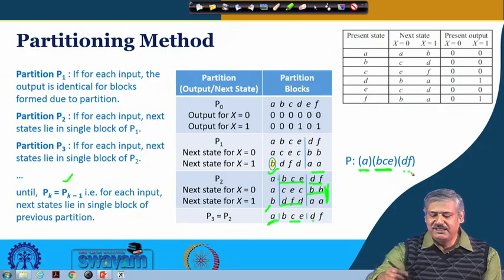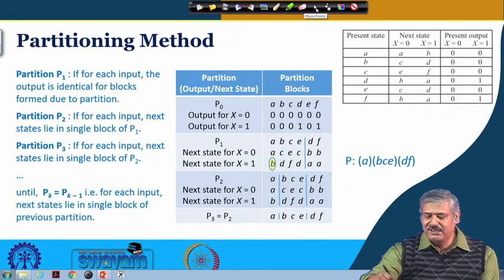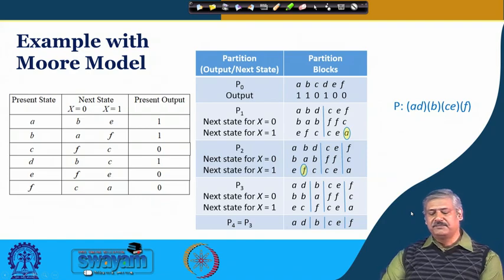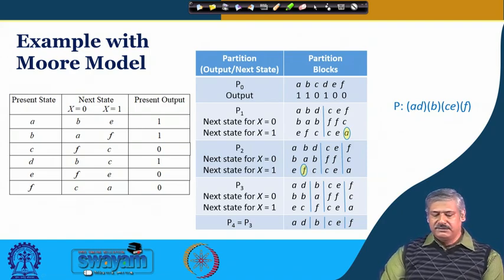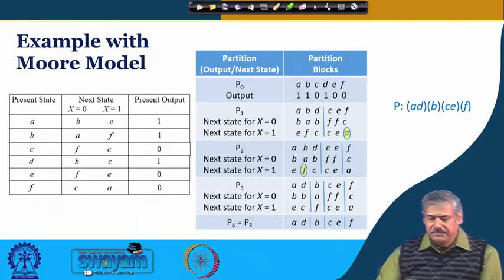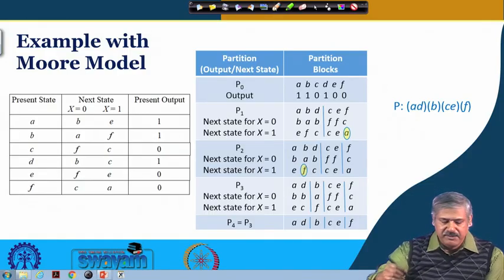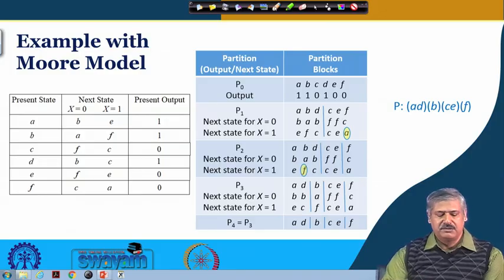So we have seen the Mealy model example, and now we shall end with a Moore model example, okay, right. So let us see how it works. For which we have a different table, right.